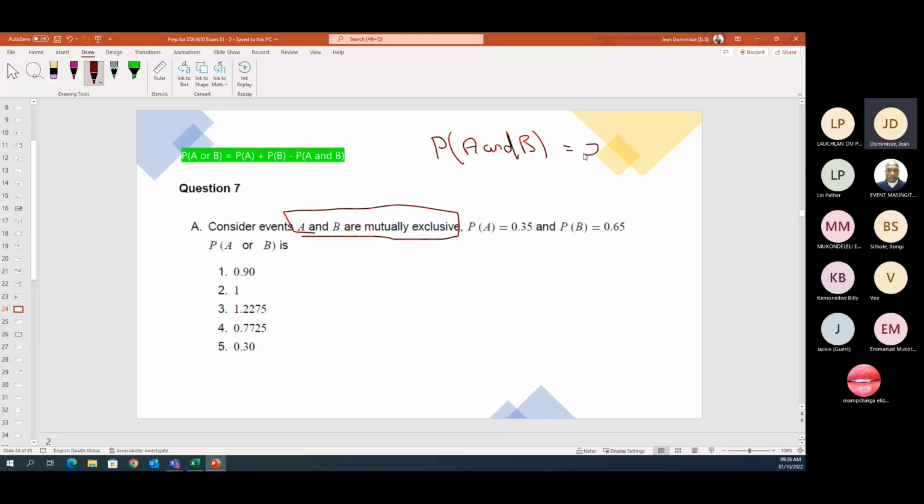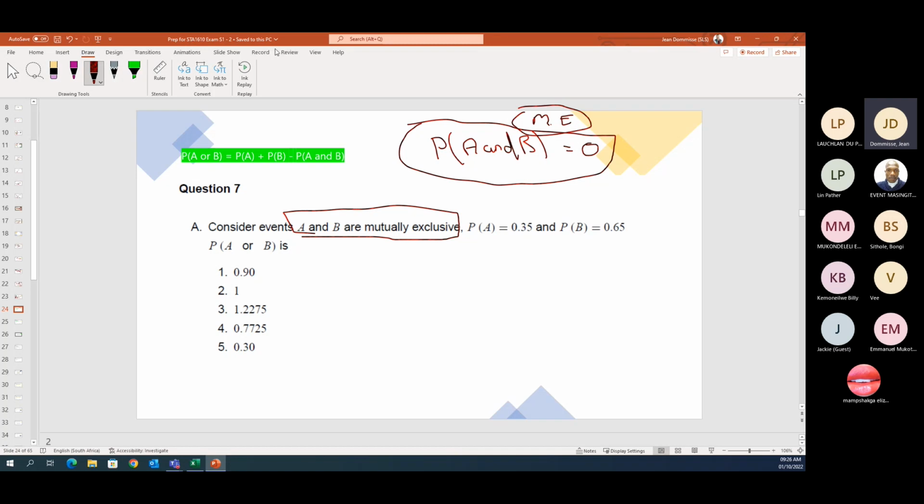Remember the rules: if A and B are mutually exclusive, the probability of A and B is 0. You will see a lot of mutually exclusive questions because that is important.